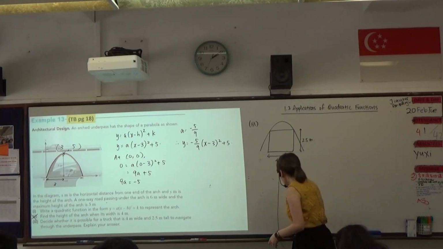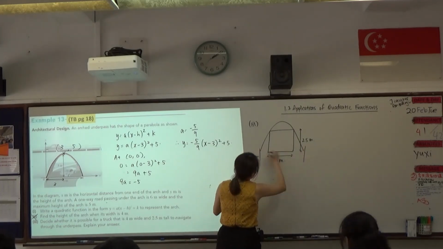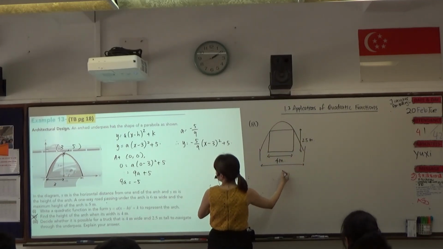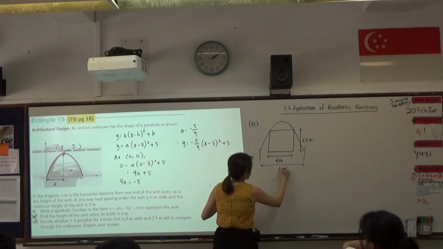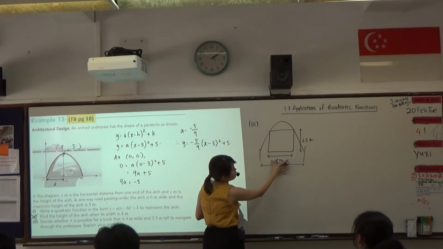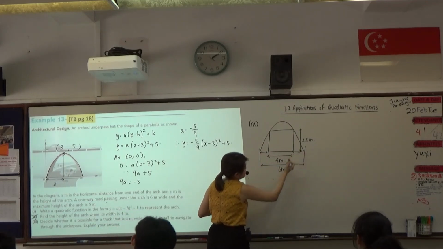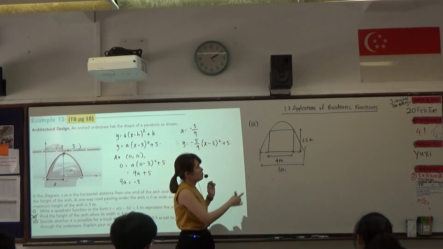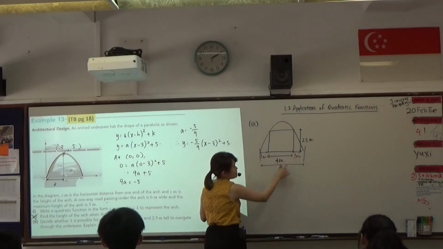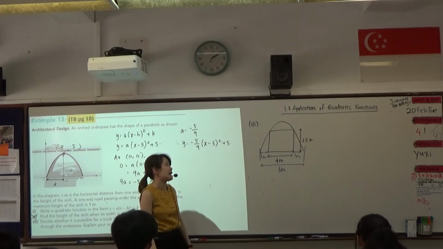We know that your whole tunnel itself, the width is fixed at 6 meters. So if the truck is going to be 4 meters over here, then this distance and this distance over here will be 1 and 1, because 1 plus 4 plus 1 gives us 6 meters. And we're driving the truck right through the center of the tunnel.